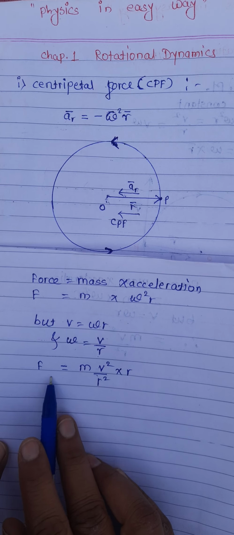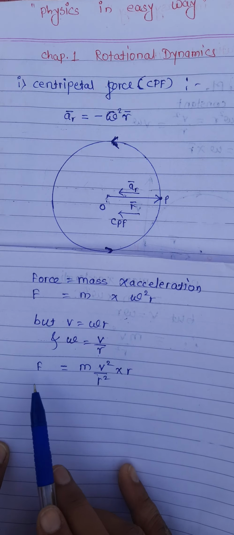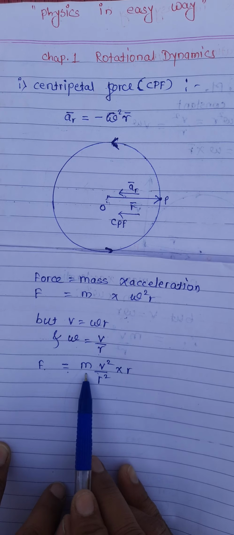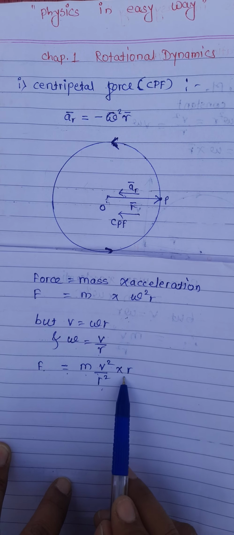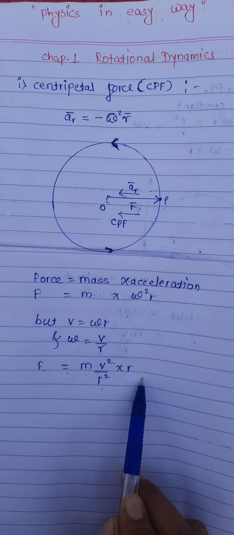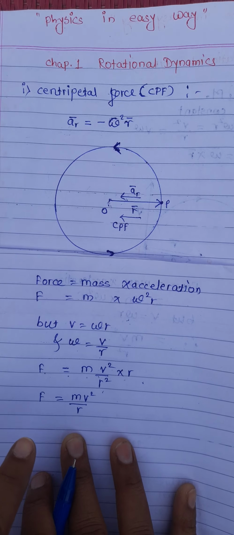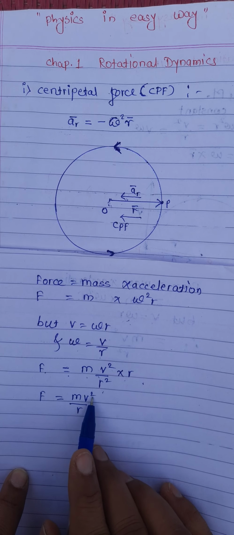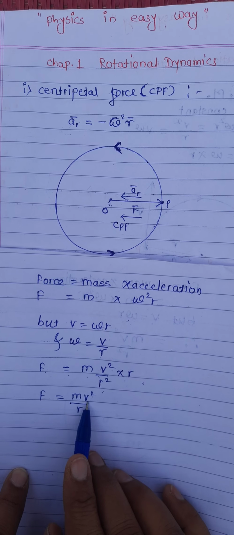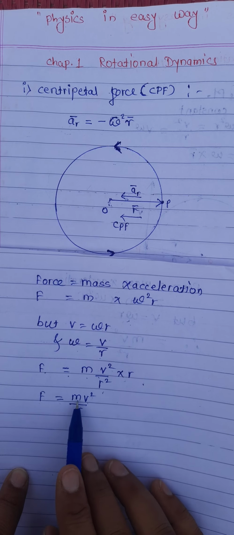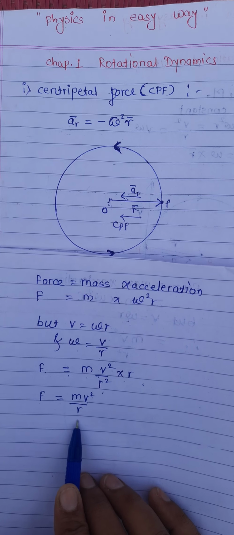Put this in the above equation, we get F is equal to m v square divided by r square into r. Therefore, centripetal force has another magnitude in the form of velocity of that particle. Force is equal to m v square divided by r.